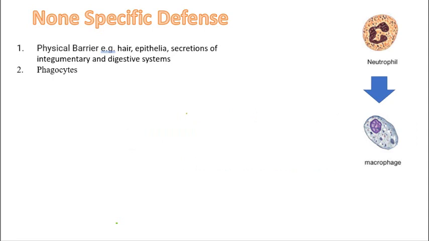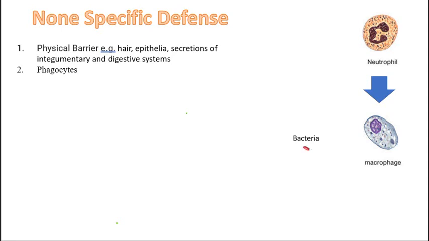Phagocytes are non-specific defense. So macrophages basically monitor body fluid. They constantly go and monitor the body fluid and the tissues and check the cells, looking for any sign of infection or abnormality, any abnormal cell, any abnormal protein surface, any cell that has a bacterial or viral peptide.